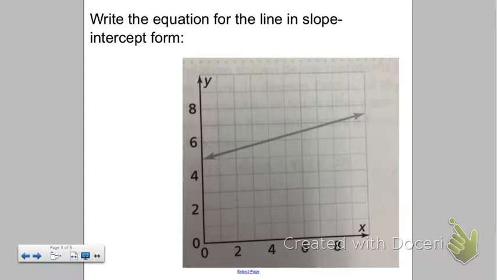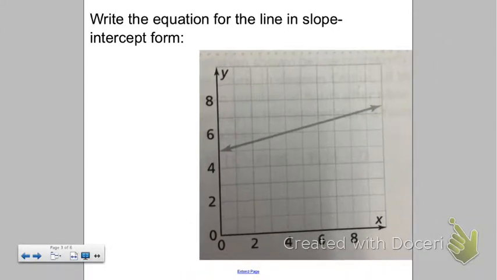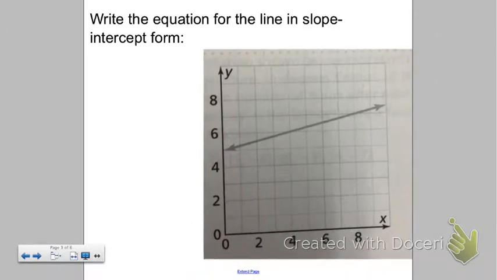And our last question. Write the equation of the line in slope-intercept form. Take a second to draw a quick sketch of the graph. Slope-intercept form is always going to be y equals mx plus b.